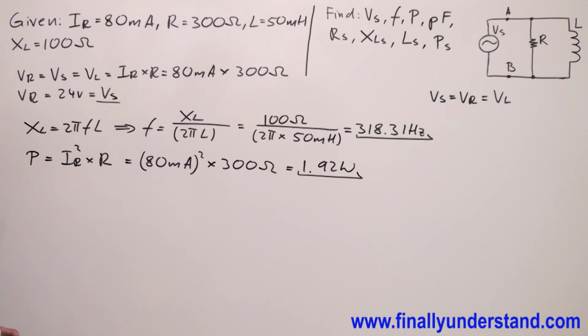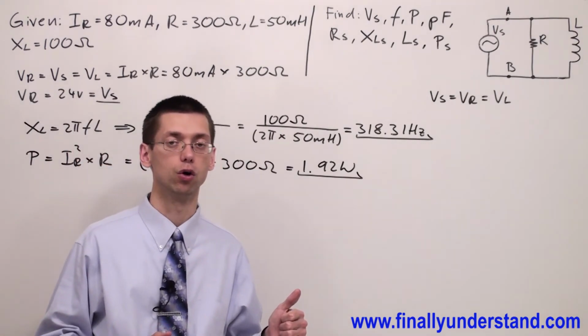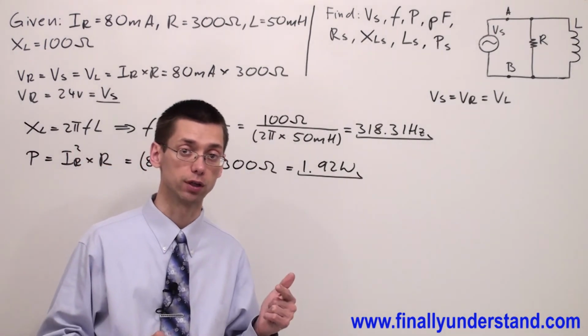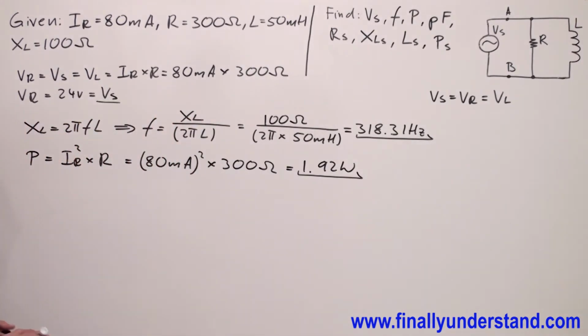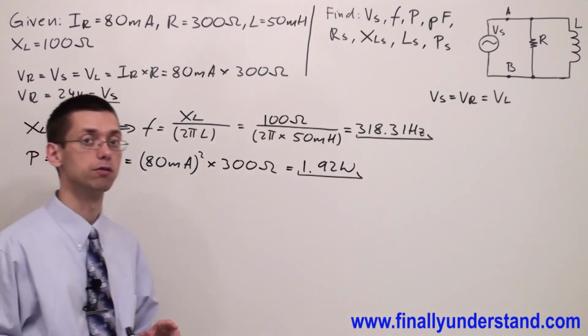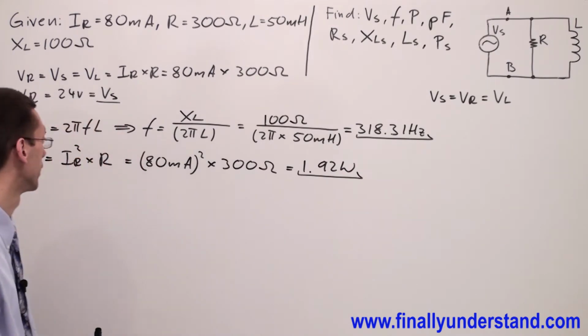In order to find the power factor, I need the angle theta or the value of Z total. I don't have both of them. So what I'm going to do first is use the formula for the product over the sum in order to find Z total.